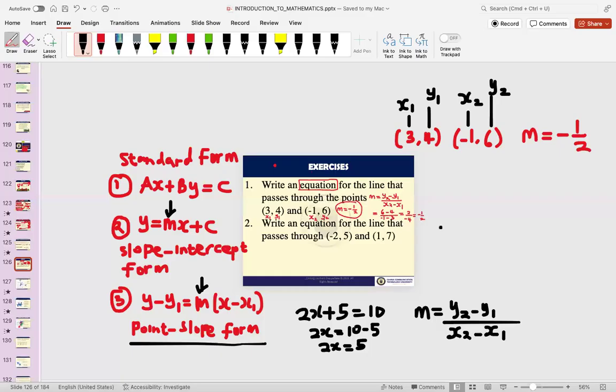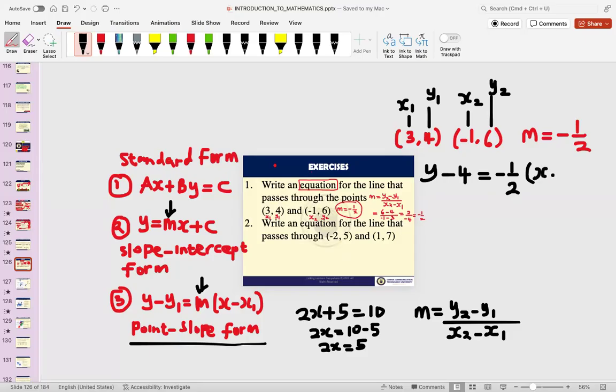This y, of course, will still stay. So I have y. Then according to the formula, minus y1. What is the y1 in the question? The y1 is 4. I have 4 here. Is equal to m. M, we have found it. We had m to be negative 1 over 2. So negative 1 on 2 into brackets. Then I see x.